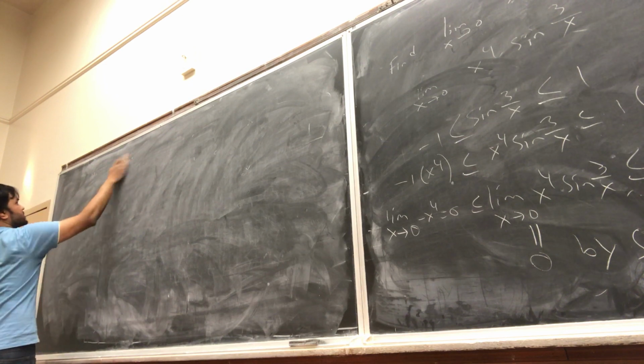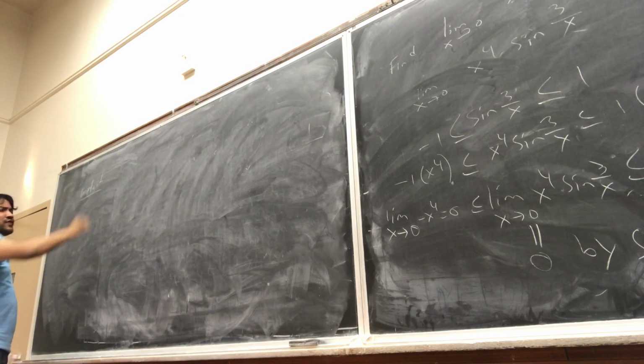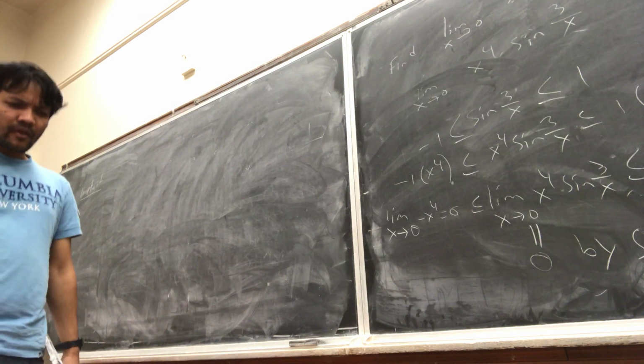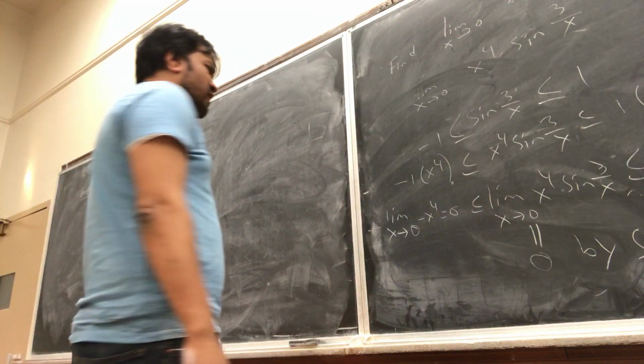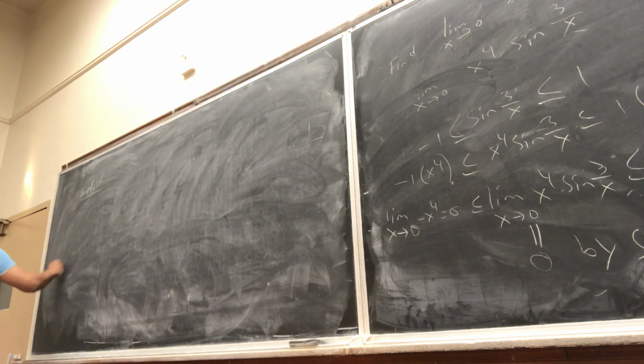So, implicit differentiation. So far we differentiate a function y as a function of x. For example, y equals x squared.